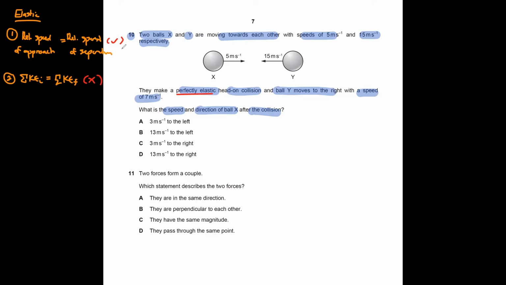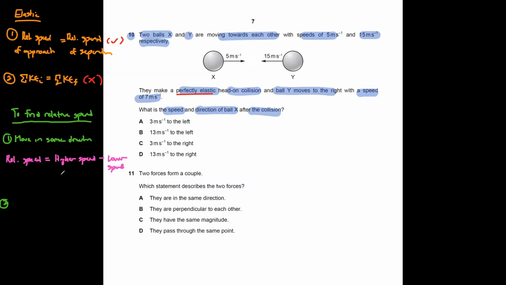When it comes to finding relative speed, this is the thing that you would have learned before this. To find relative speed, you really only need to look at two cases: whether the objects move in the same direction or opposite directions. If they're moving in the same direction, your relative speed is simply the higher speed subtract off the lower speed.